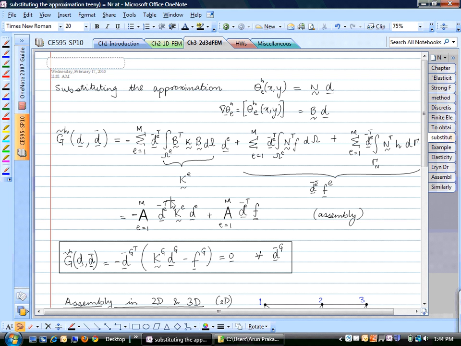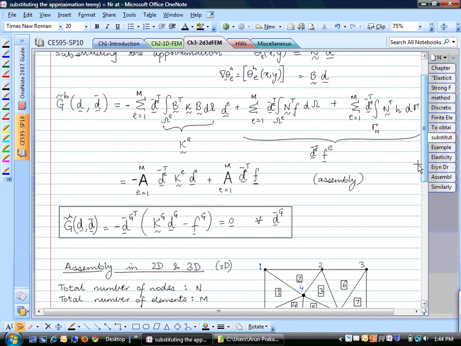All you're doing is d bar, the virtual temperature degrees of freedom within each element, times k d, and this is the heat flux within each element. And if you assemble them, this A denotes the assembly operator. You get this familiar equation that we used to have even before in the one-dimensional case.